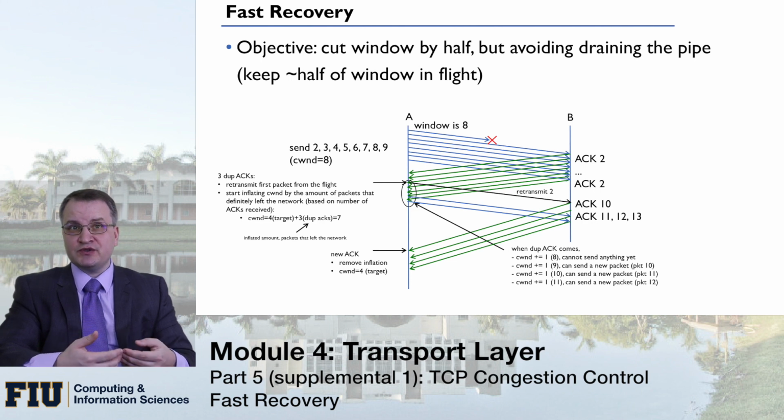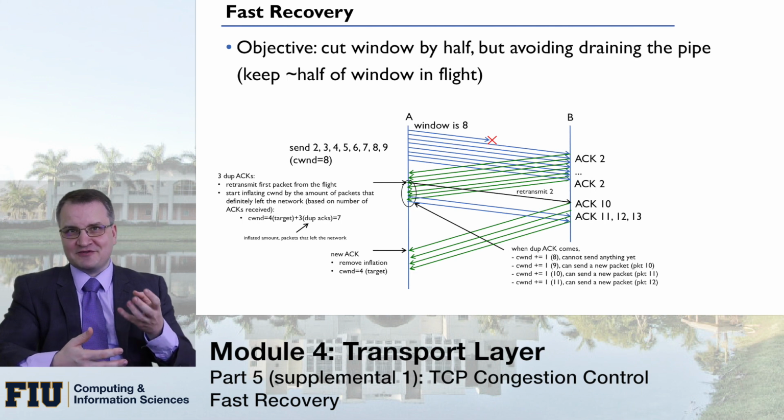So what you do is inflate the window by these 3 duplicate ACKs, to get to 7, and keep this inflation until you have the ability to send packets using the original window.